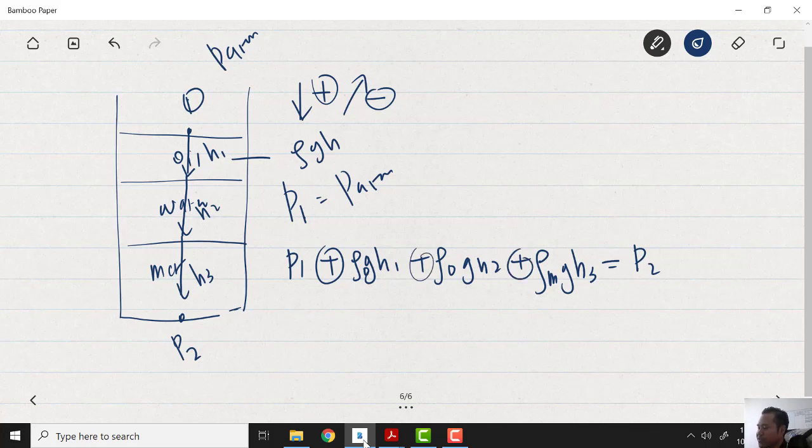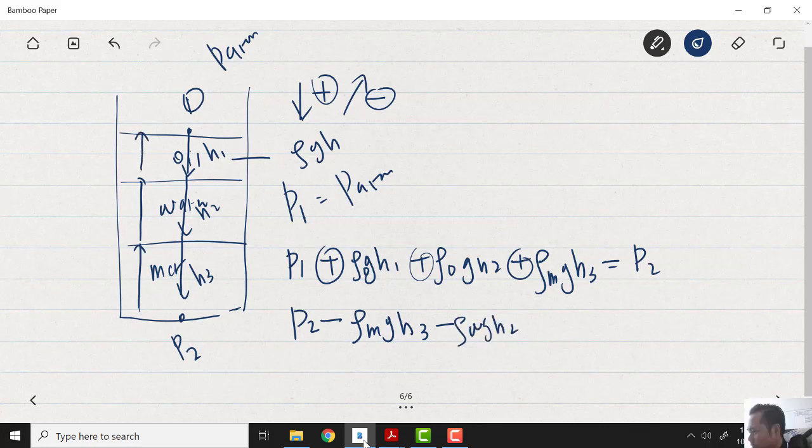But if you're measuring the pressure starting from point 2, you go upward, so minus rho mercury g H3. Then you go up again, minus rho water g H2, and then minus rho oil g H1 equals P1.